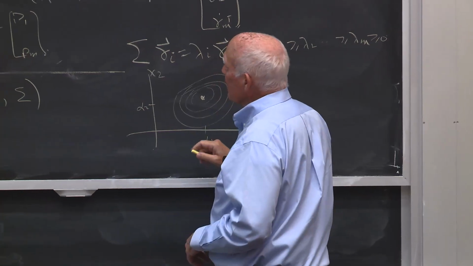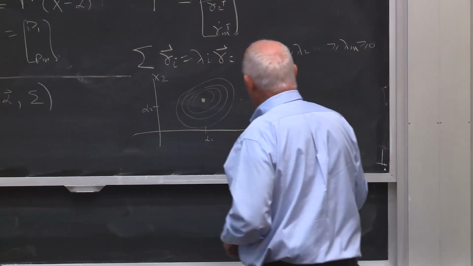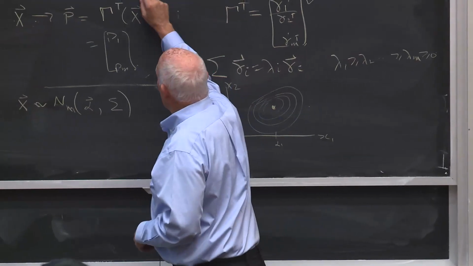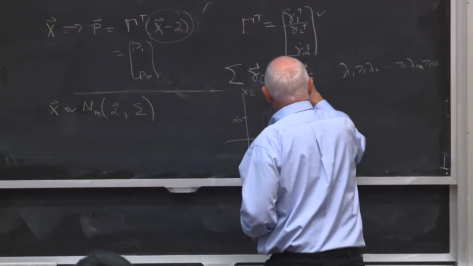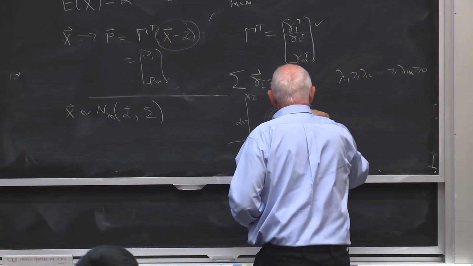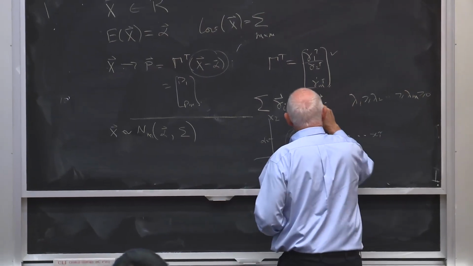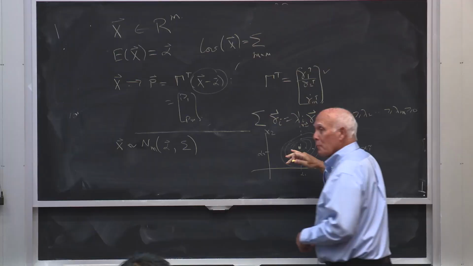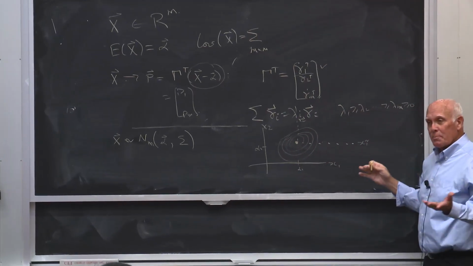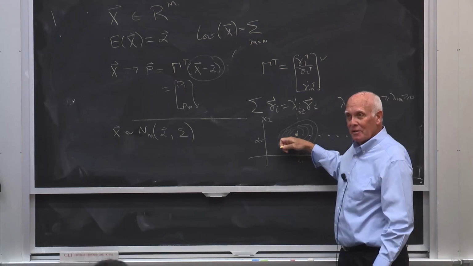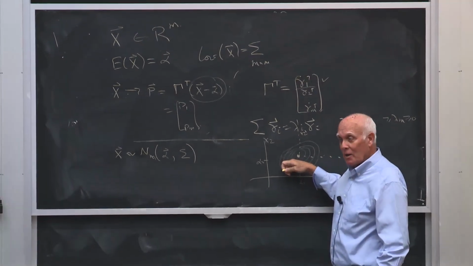Now, what principal components analysis does is, this step here corresponds to shifting the coordinate axes to say x1 star and x2 star. So we recenter our space at the point with the origin being at the mean point of the outcomes.